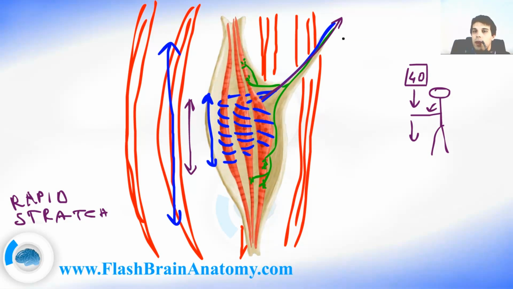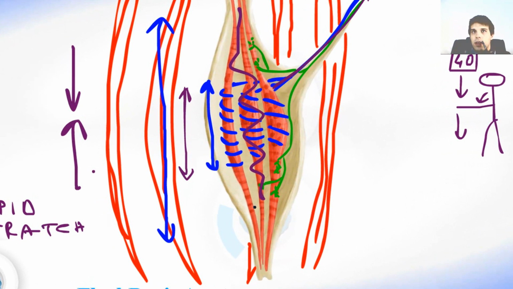Now let's say that the motor neuron from the spinal cord triggered the contraction of the extrafusal muscle fibers. And now the situation that we have is not the muscle stretching, but does the quite opposite. So if the extrafusal muscle fibers are becoming shorter, the intrafusal muscle fibers would simply become slack.